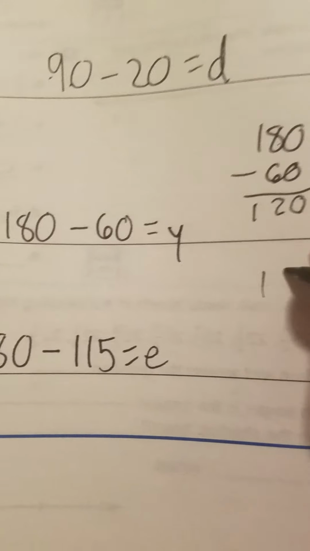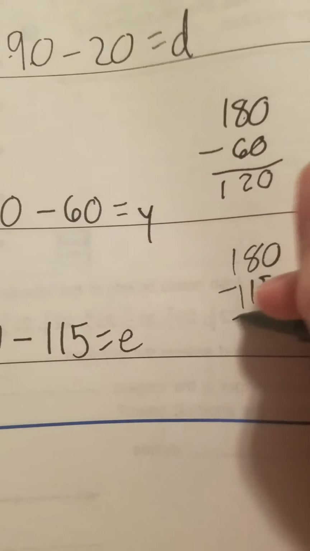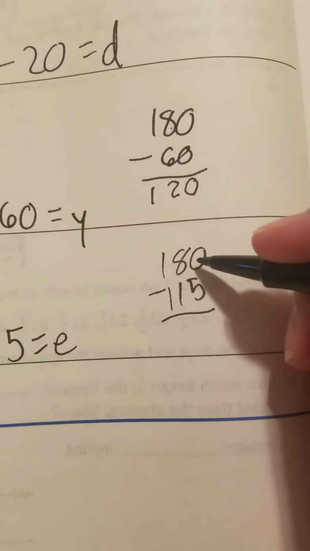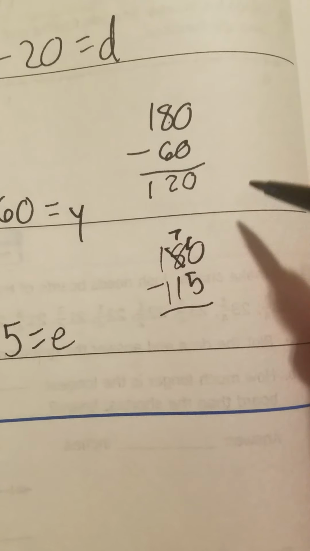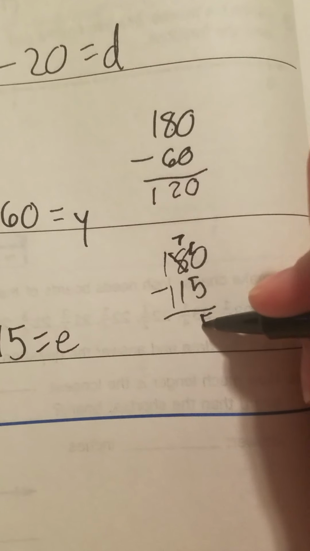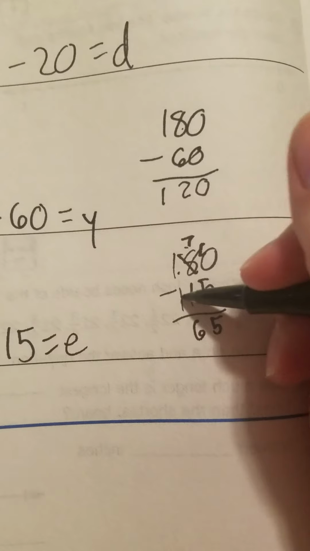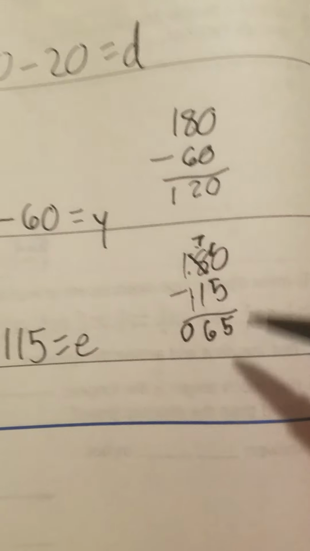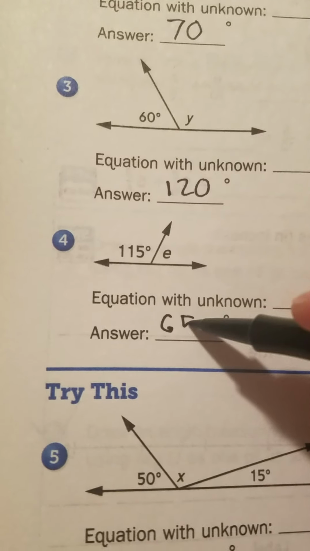Now, 180 minus 115. All right, we can't do 0 minus 5, so we do 7, make this a 10. 10 minus 5 is 5. 7 minus 1 is 6, and 1 minus 1 is 0. So our answer is 65 degrees.